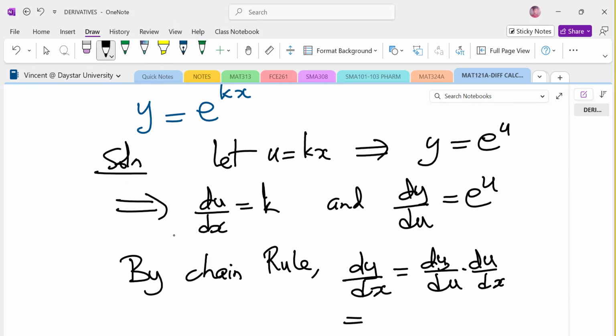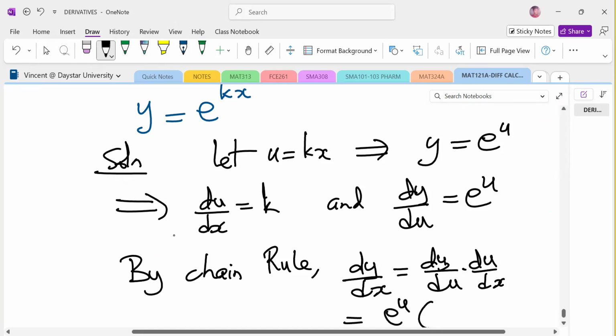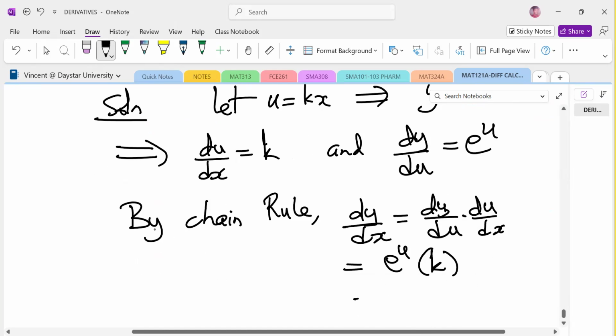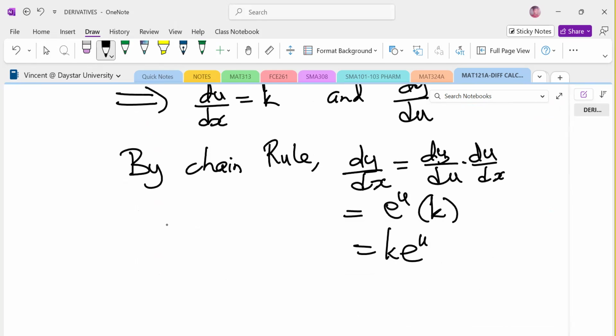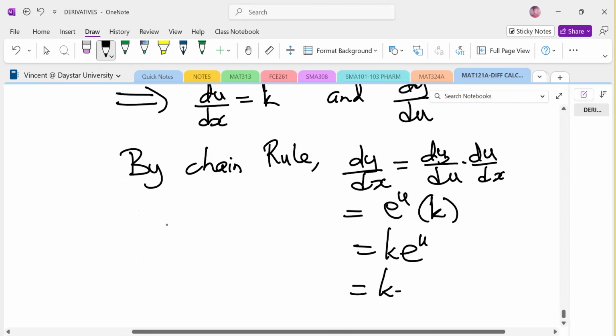So dy du is e power u, du dx is k. So which is the same as k e power u. But you remember, u is our own creation. So you replace it with the correct value, in correct expression in x. So this will be the final answer.